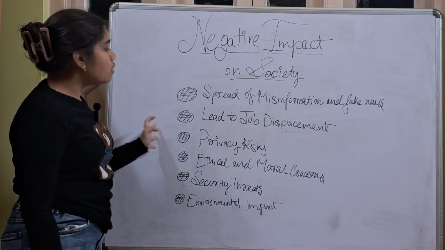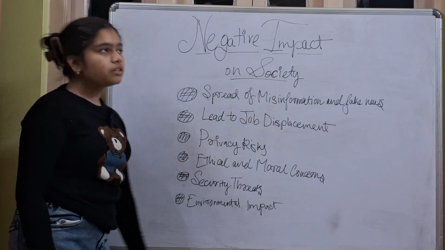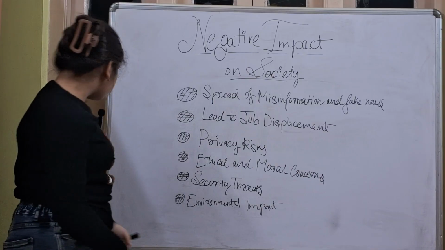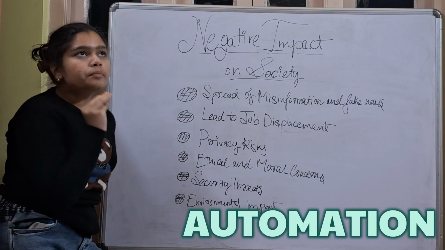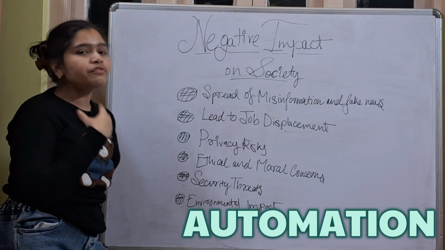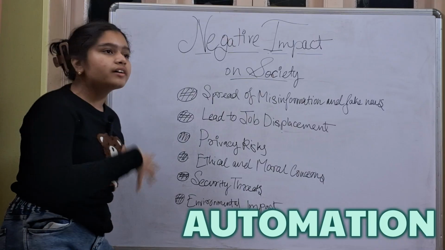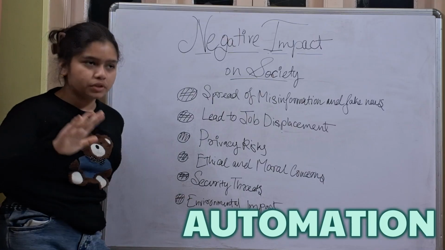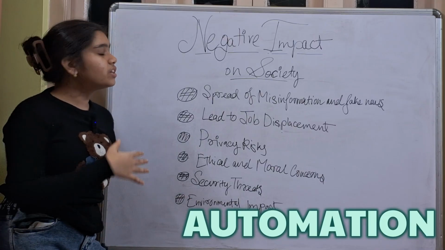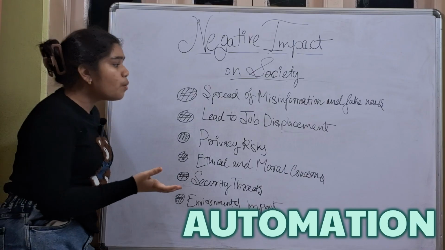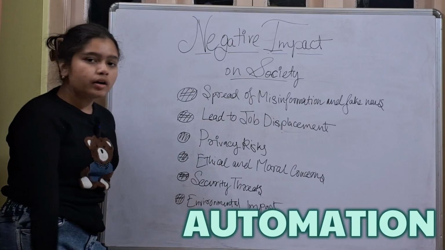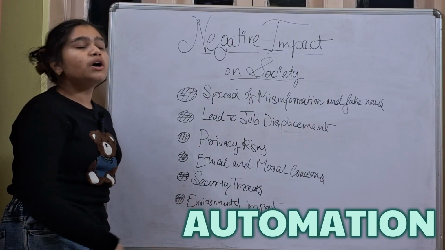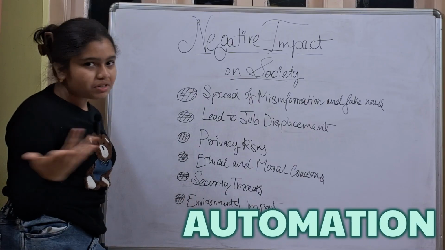which can damage a person's reputation. Now coming to job displacement. Here comes the concept of automation, because earlier the process of creating, designing, executing, everything was done by humans, but nowadays everything is done by AI. So the positions of those humans are being replaced by AI, and because of automation, everything is being automated right now.